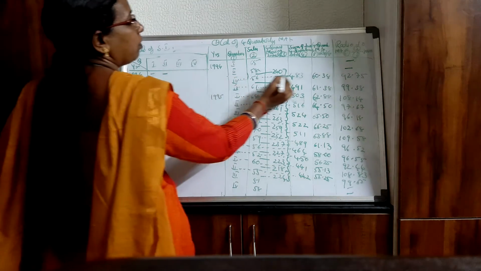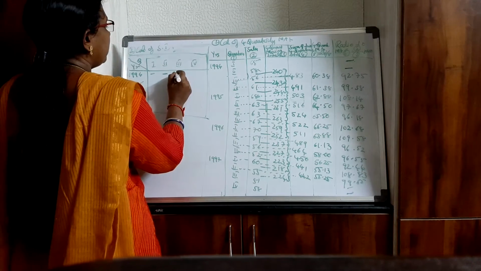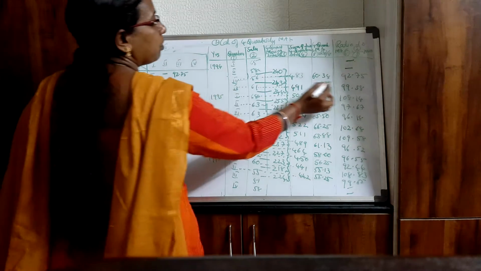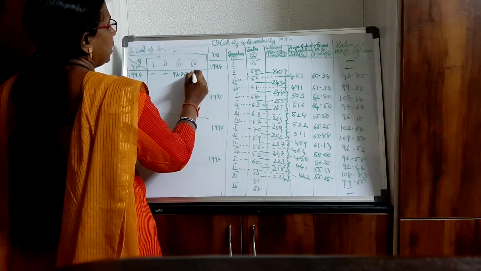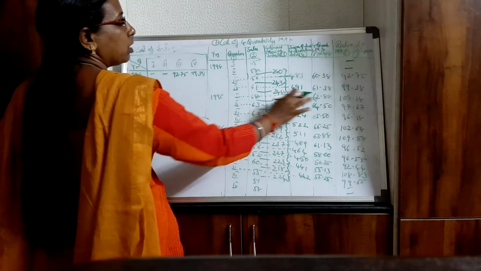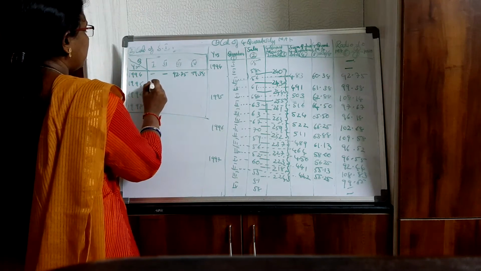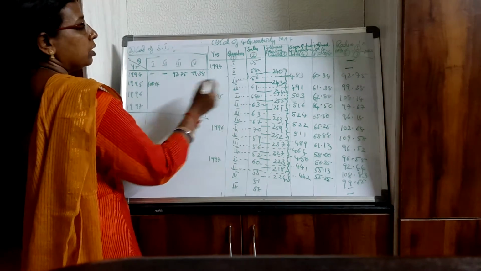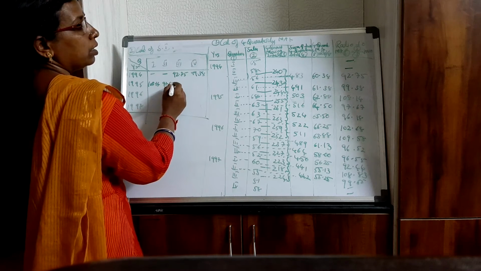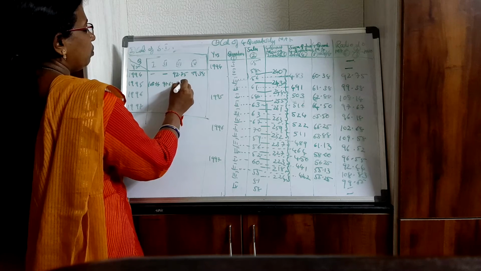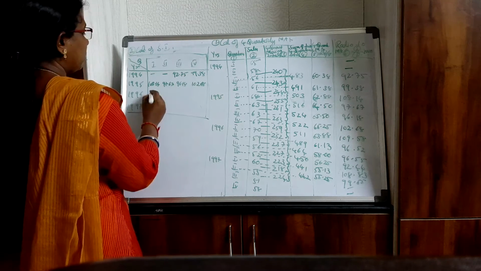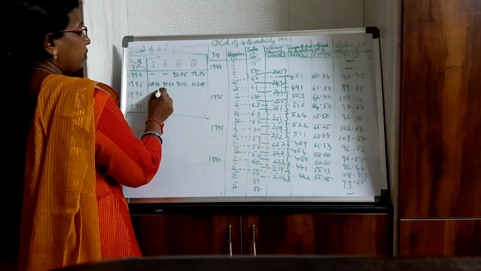94 third quarter value it is given as 92.75. Similarly 94 fourth quarter value is 99.38. 1995 first quarter value is 108.14. Similarly 97.67. Then you have 96.18, 102.68, 109.58.